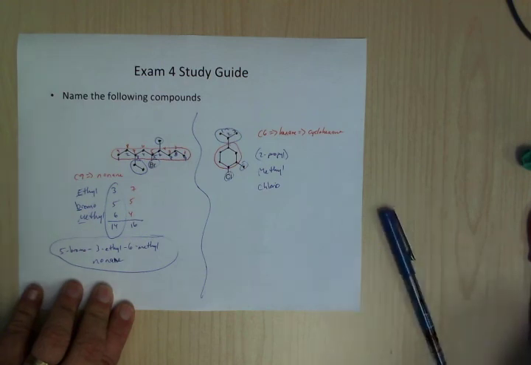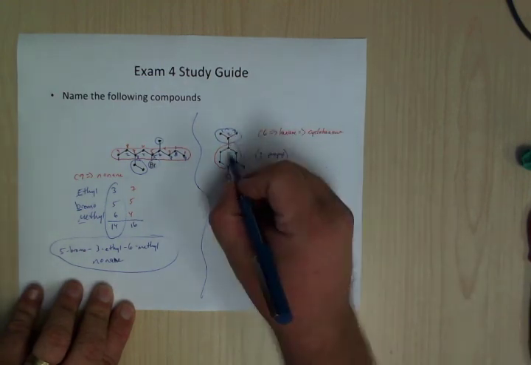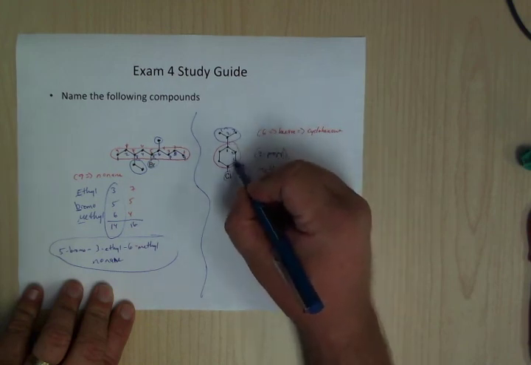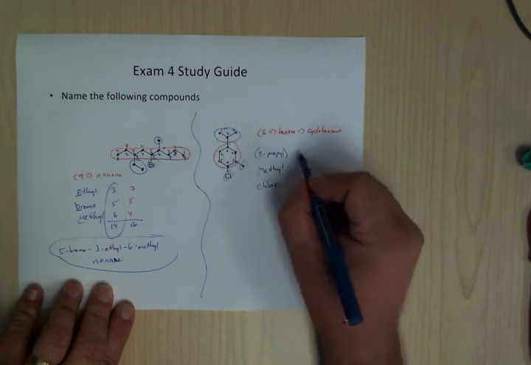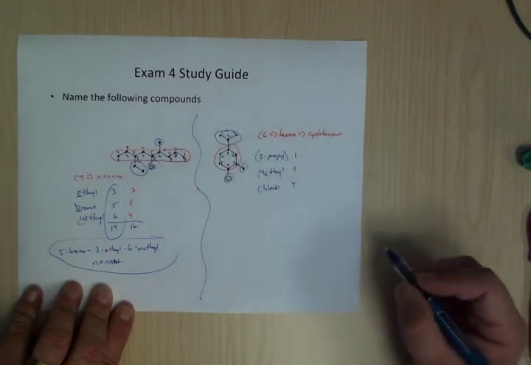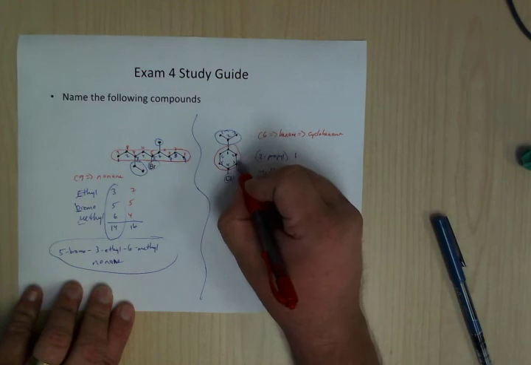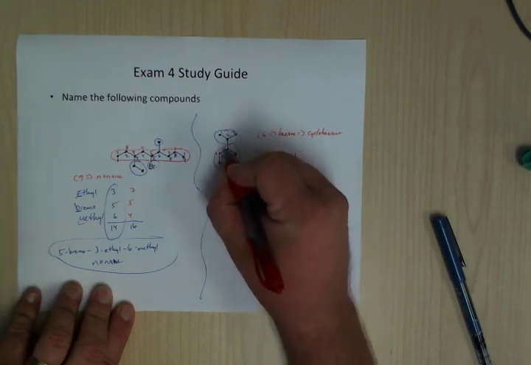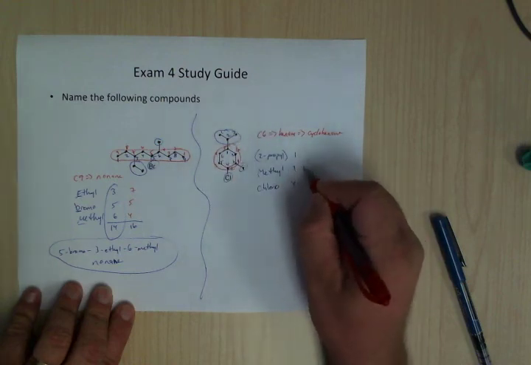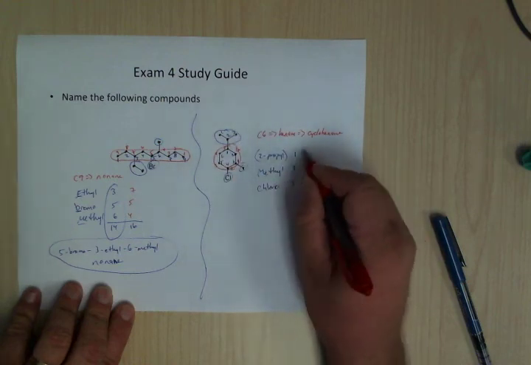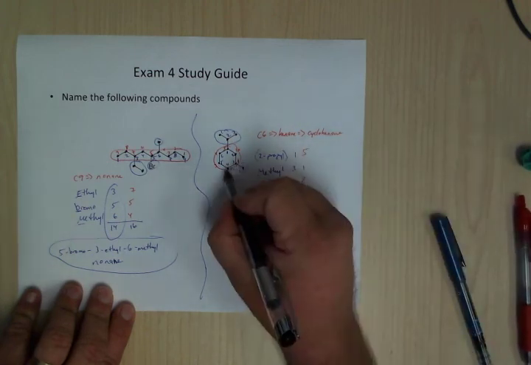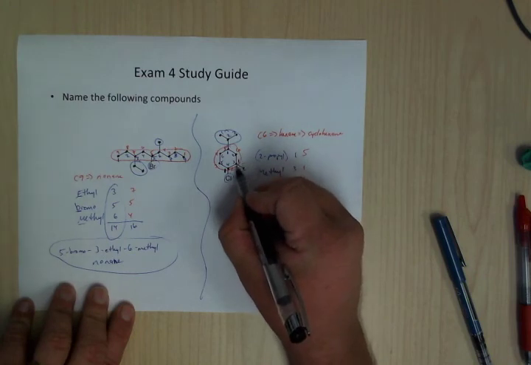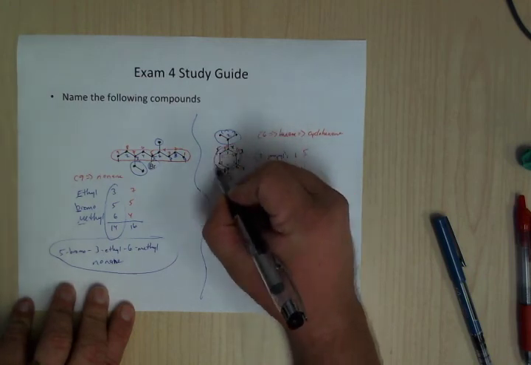If we want to start here, 1, the nearest side chain neighbor is here, so we're going to go clockwise. 2, 3, 4, 5, 6. So it becomes 1, 3, 4. If we wanted to say this was 1, the nearest side chain neighbor is here, so 2, 3, 4, 5, 6. This would be 1, 2, 5. Now if we wanted to do this one as 1, the nearest side chain neighbor is here, so now we go counterclockwise, 2, 3, 4, 5, 6.